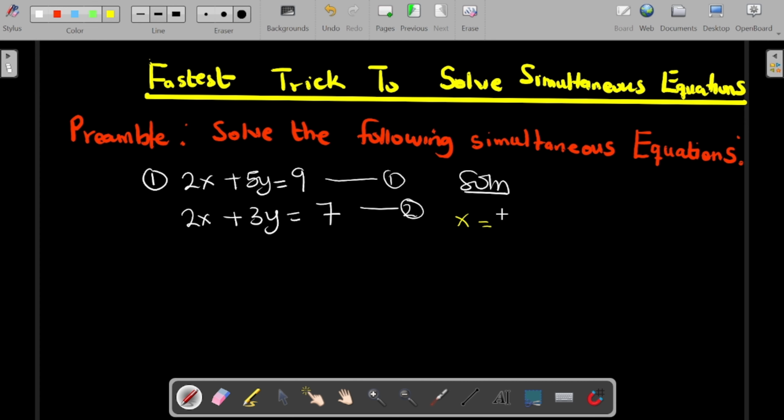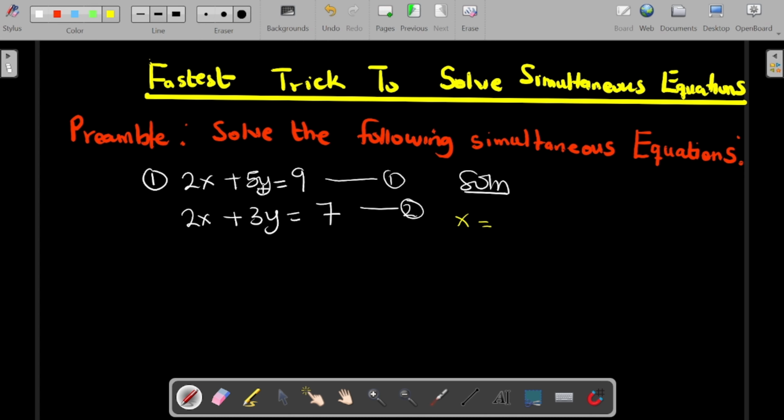Now, to find the expression that x is equal to, we need to locate our terms in y in both equations. Our terms in y are 5y and 3y. So we can pick either of the terms. Let's say we take the first term in the first equation, which is the 5y.